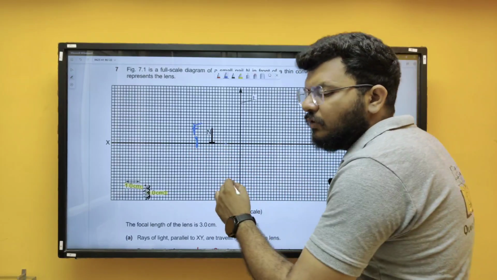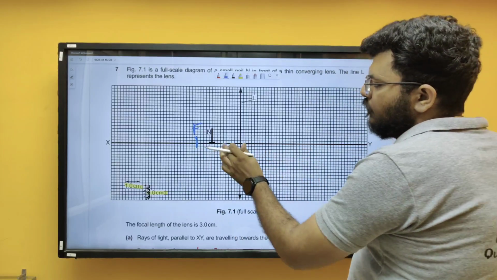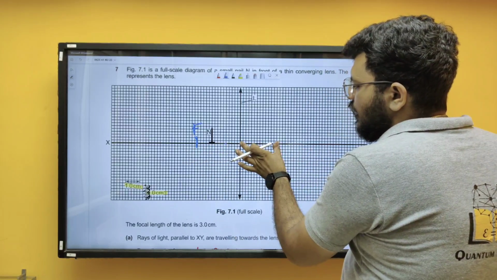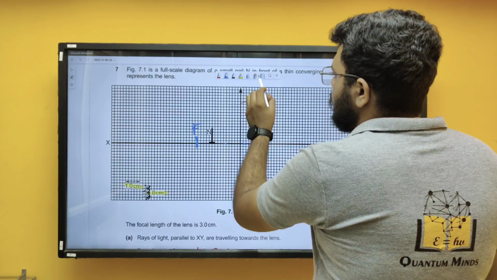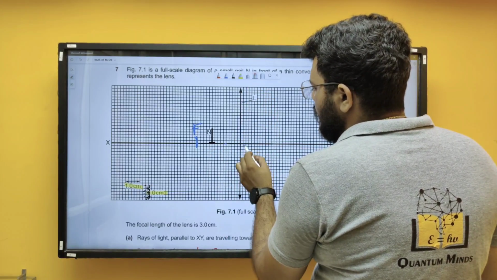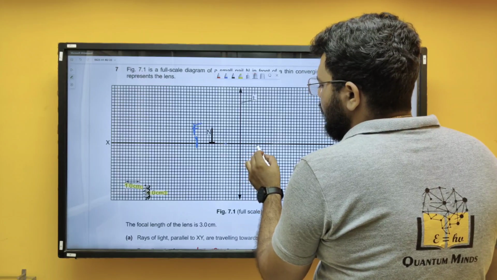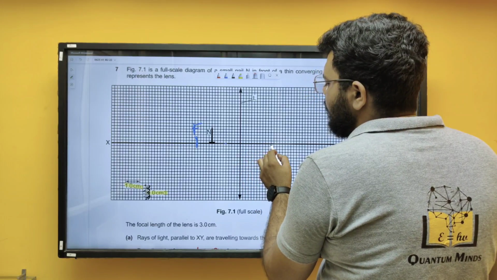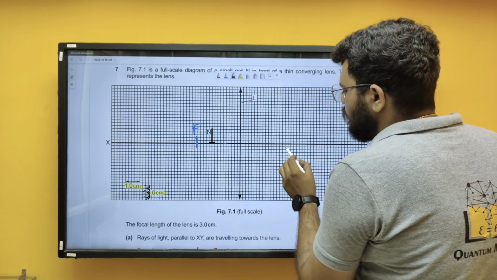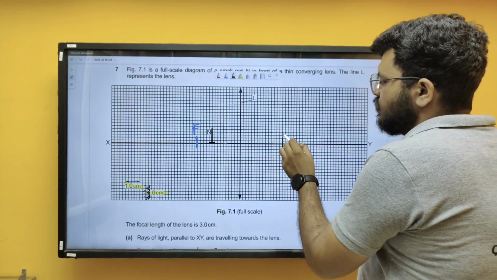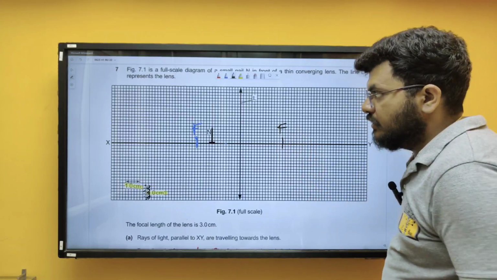What you have to do, count 15 boxes from here and from here, right? So this much, and I think should be the same. 1, 2, 3, 4, 5, 6, 7, 8, 9, 10, 11, 12, 13, 14 and 15. I think it should be here. This is the other focus.